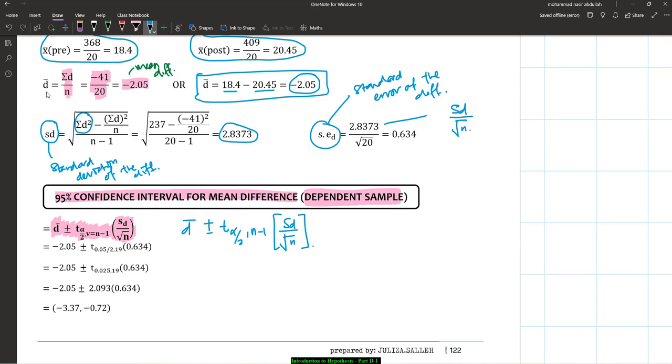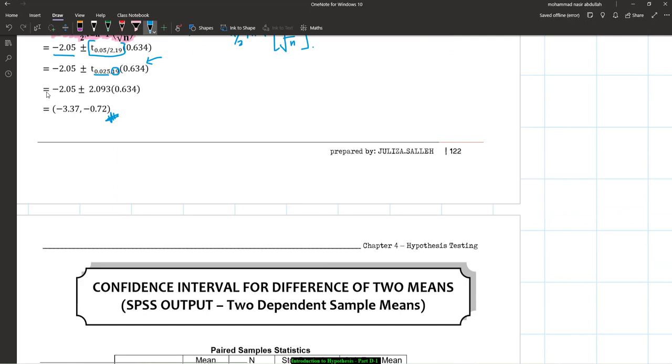So from here we can input the data, which is negative 2.05 and t alpha 0.05 divided by 2, which is t 0.025 with degrees of freedom 19, and the standard error of the difference is 0.634. So then we will get the confidence interval for the mean difference for dependent samples, right?